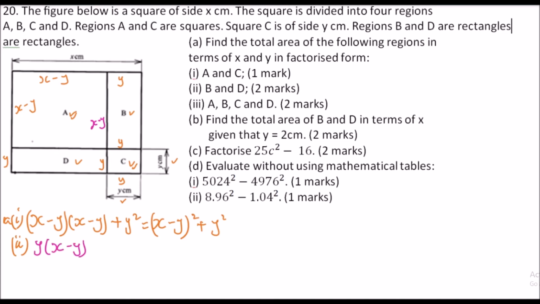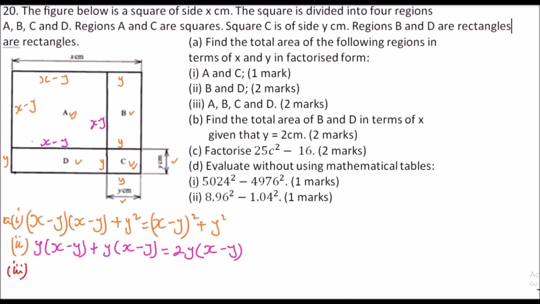That is the area of B. The area of D: this side is x minus y, and this is y. So this is plus y multiplied by x minus y, and you can add the 2 and you get 2y into bracket x minus y. So that is the area. Then we go to Roman number 3.